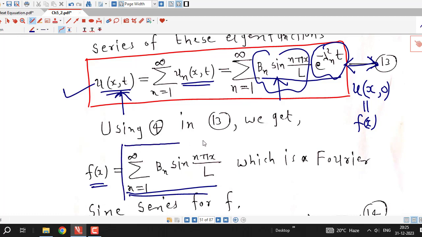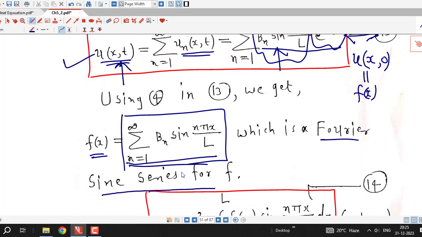And the series on the right hand side is a very familiar series. We know that this is the Fourier sine series for the function small f.